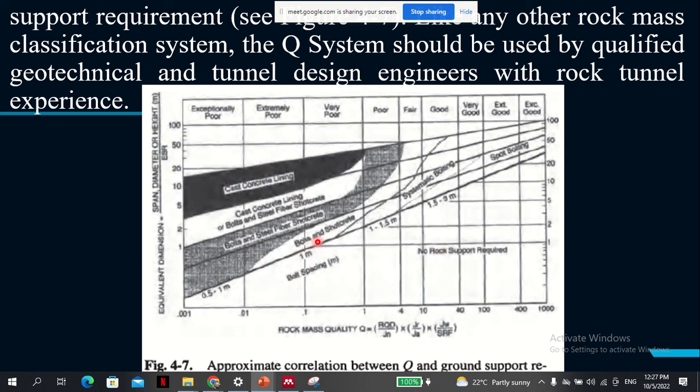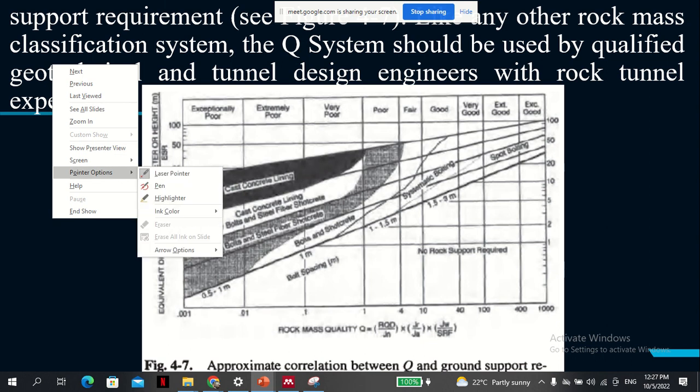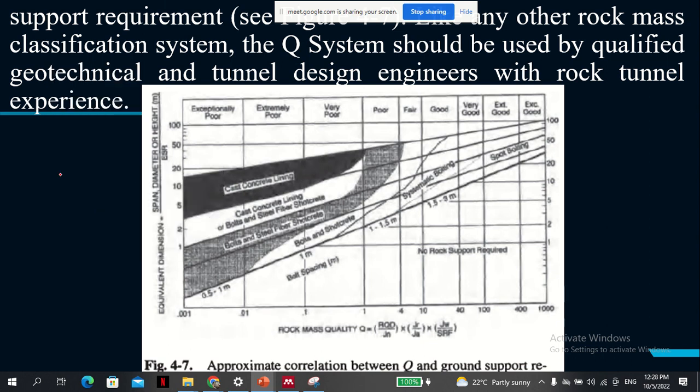You can even design the length of the rock bolts. You remember the rock bolts I mentioned, the length. Based on the kind of rock, you have to put rock bolts, so this is the length that we're talking about there.